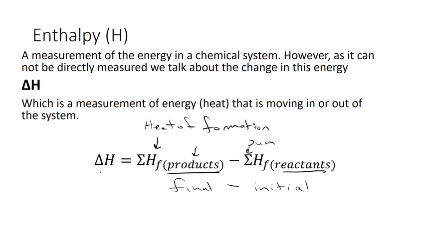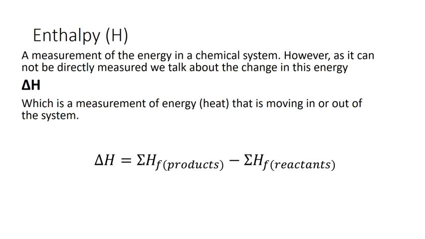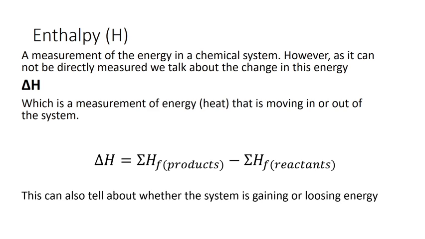That's pretty much what you're going to get every time you have delta: a final state minus an initial state. This is no different. And heats of formation, you would look up in a chart, in a table, in a book someplace. You are not expected to know these. So that's how you calculate delta H.